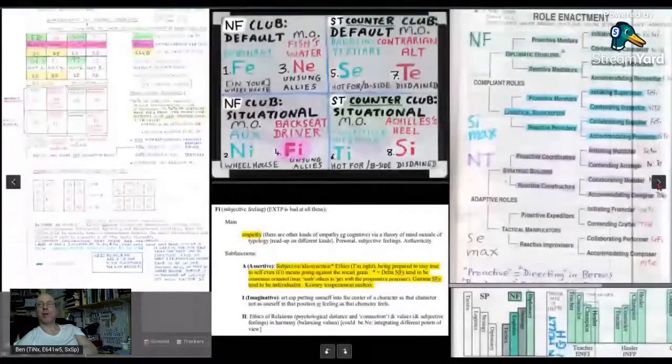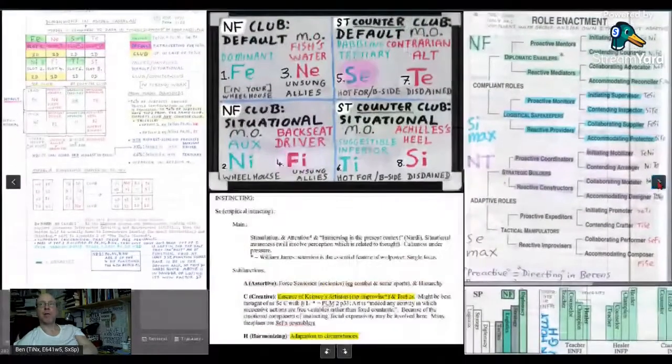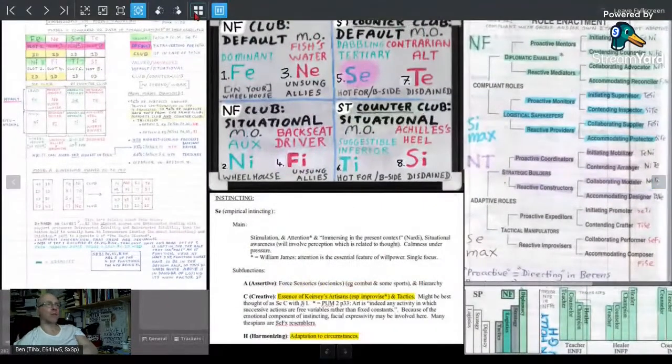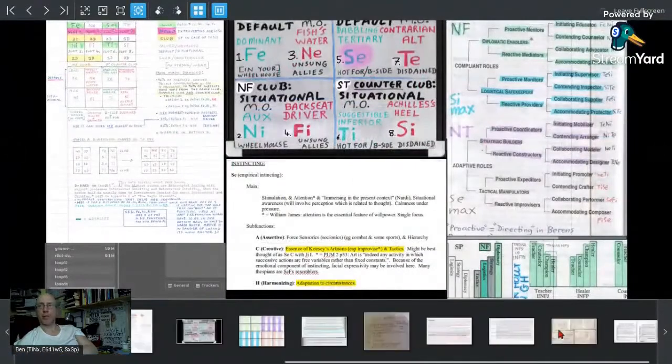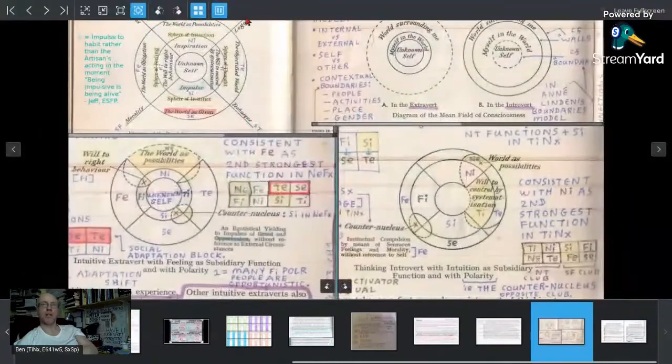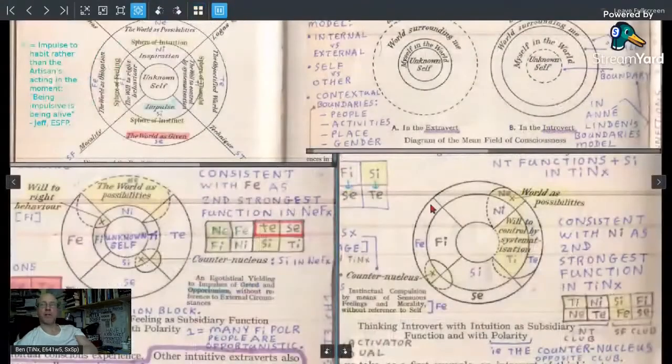So we're going to go on to the idea of the counter club. I'm just going to show you something about the counter club. Vanderhoop noticed this in 1937. So this is the club for, let's do an extrovert. We've got an NF here, we've got ENFP. You've got all the NF functions, and you've got this counter nucleus of ST functions.